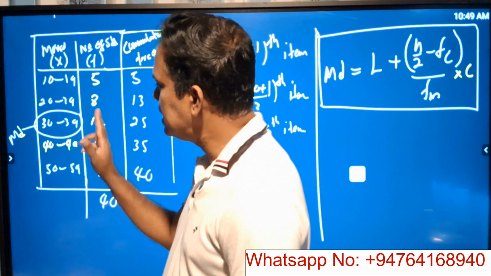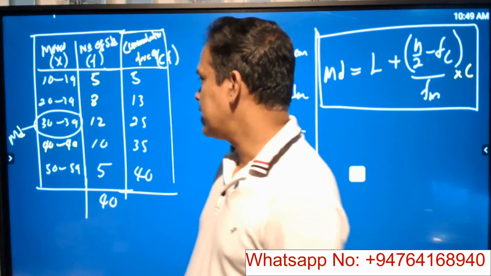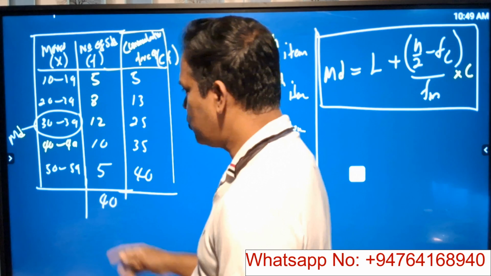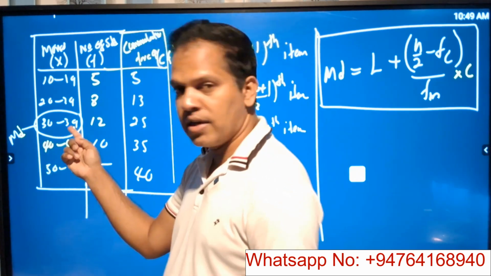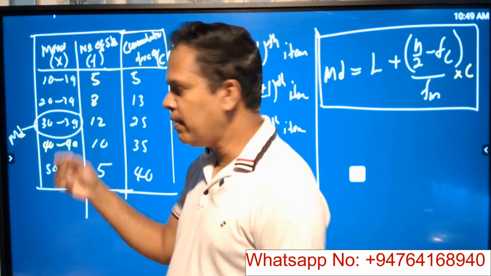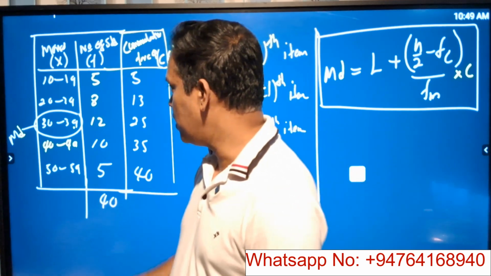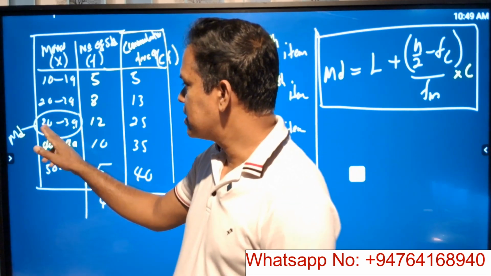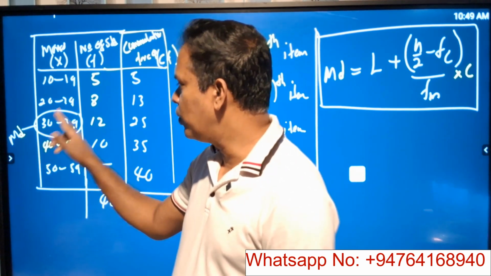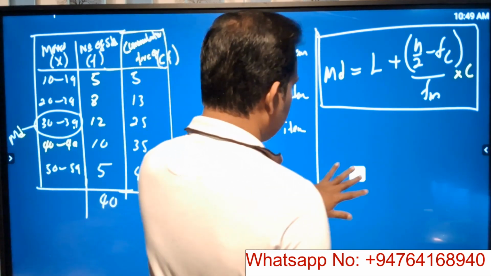These 30 and 39 are class limits: 30 is the lower class limit and 39 is the upper class limit. But we have to find the lower class boundary. That can be found by (29 plus 30) divided by 2, that is 29.5. That is the lower class boundary.